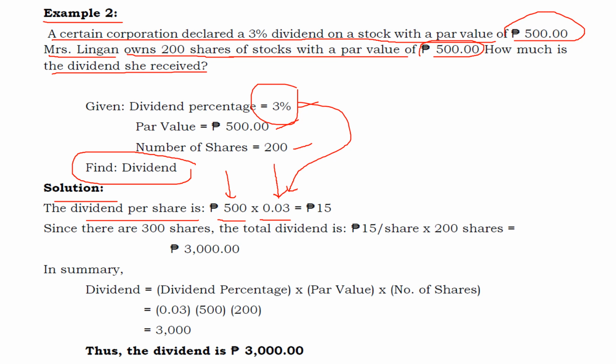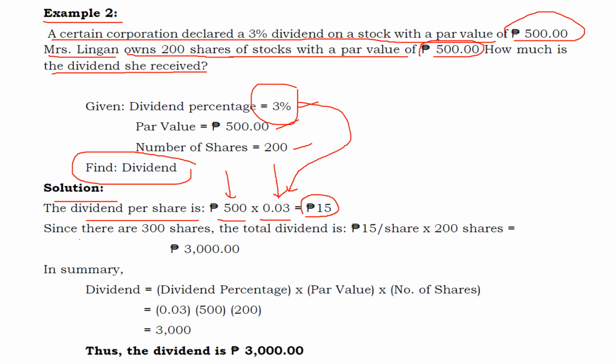After converting, we multiply it by the par value, which is 500 pesos. If we multiply 500 pesos by 0.03 or 3%, that will be equal to 15 pesos. Meaning to say, the dividend per share now is 15 pesos.